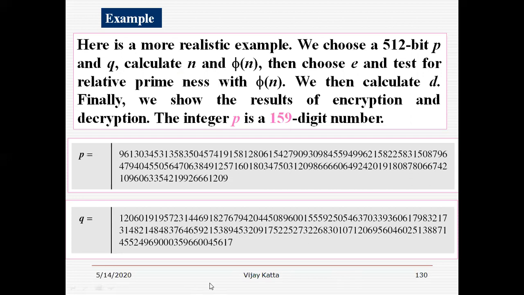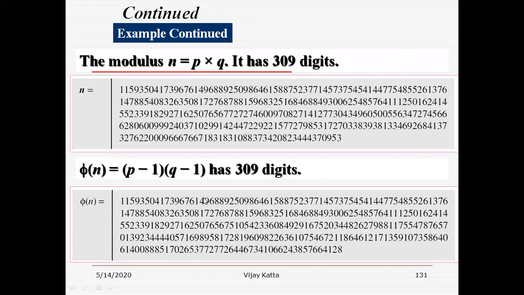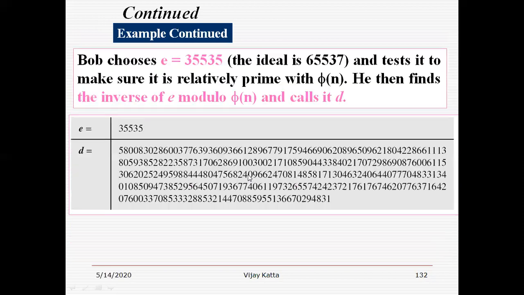Now this is one example. For actual communication we use prime numbers of 512 bits in the RSA algorithm. So this is a single prime number, the largest 512 bit prime number. This is another prime number. Now when we calculate N, that is P into Q, we get a single number having 309 digits. Then we calculate Z, that is phi N, which is nothing but P minus 1 times Q minus 1. Again, this is a single number of 309 digits.